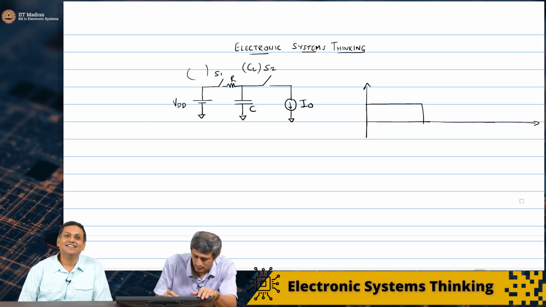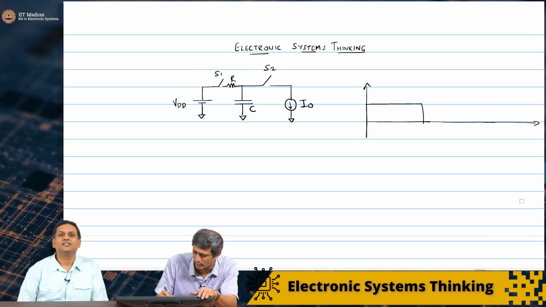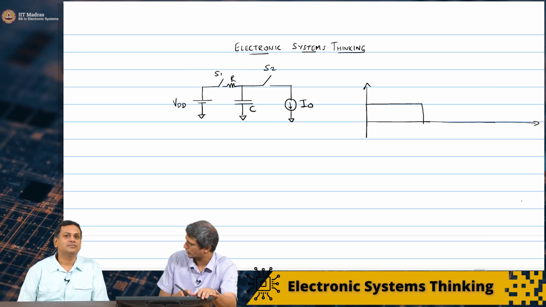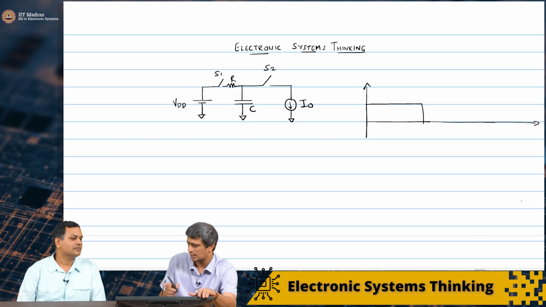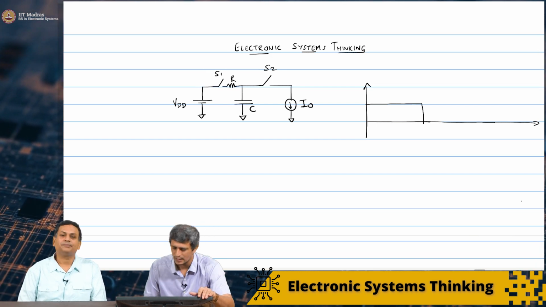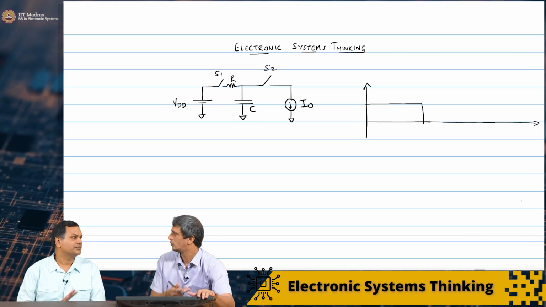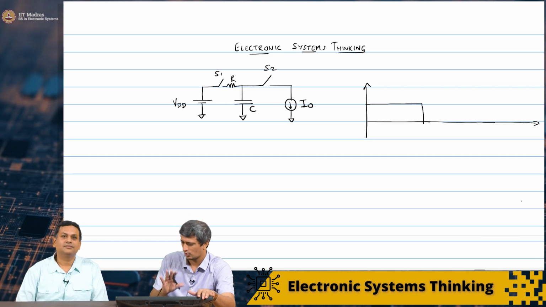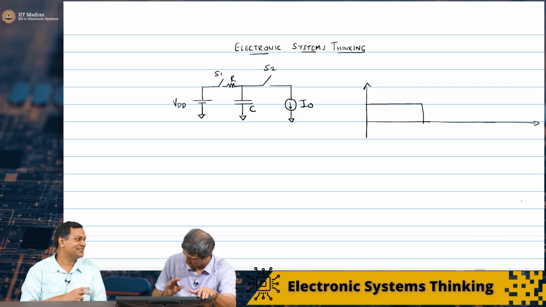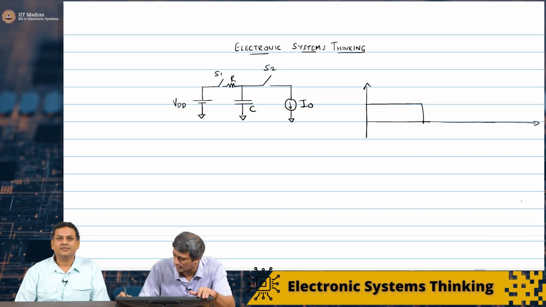So we'll just call the control signals S1 and S2 as well. When S1 is high, it means the switch is closed, and when S2 is high, it means the switch S2 is closed. We will ensure that S1 and S2 are not closed together. Now that you have added a resistance R, we can also look at that case later, but for now we will just deal with this.